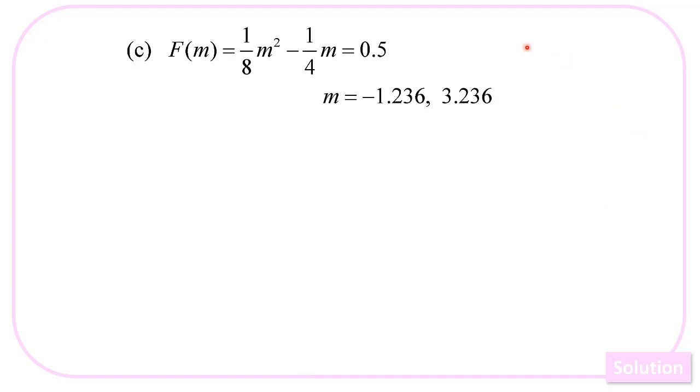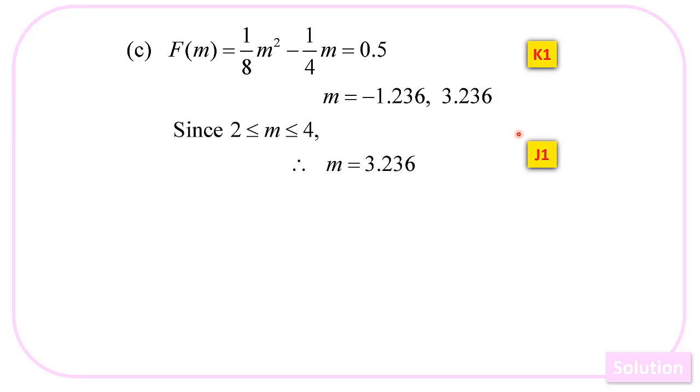For question C, median. Median occurs when f of m equal to 0.5. So substitute into the function: 1 over 8 m squared minus 1 over 4 m equal to 0.5. Find the value of m. Since m is between 2 and 4, we have m equal to 3.326. So K1, J1.